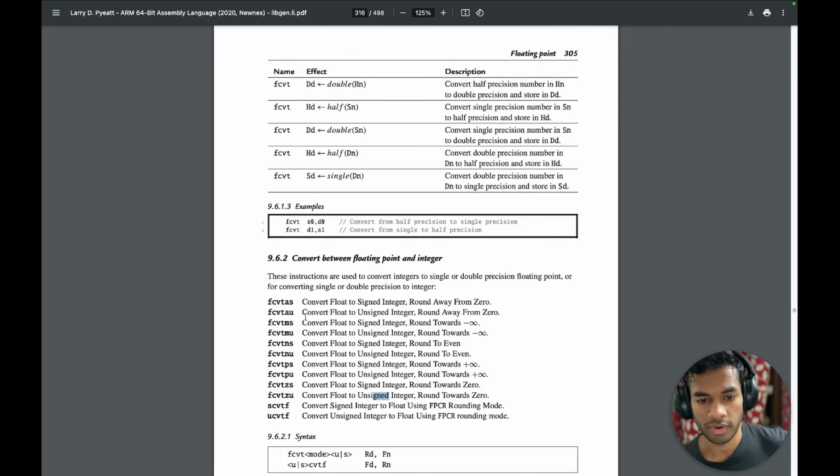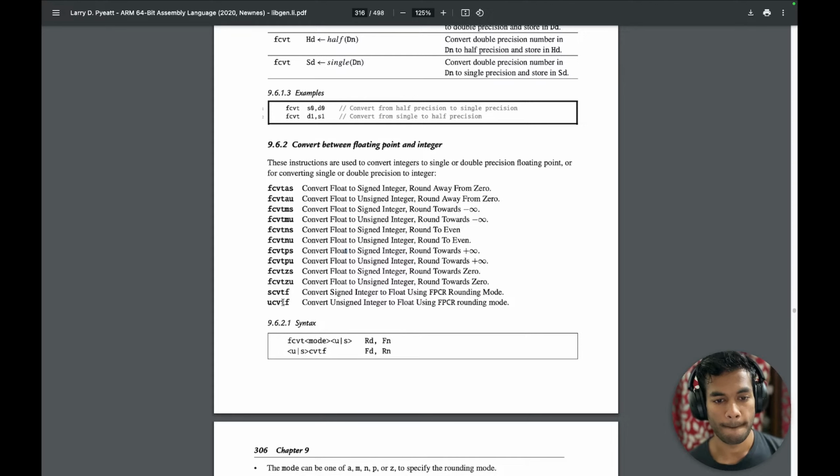Okay, because we are converting from floating point to integer, we have to round at some place, and RA is run away from zero, and Z is run towards zero, round towards zero, M means minus infinity, P means plus infinity, and N means even, rounded towards even number.